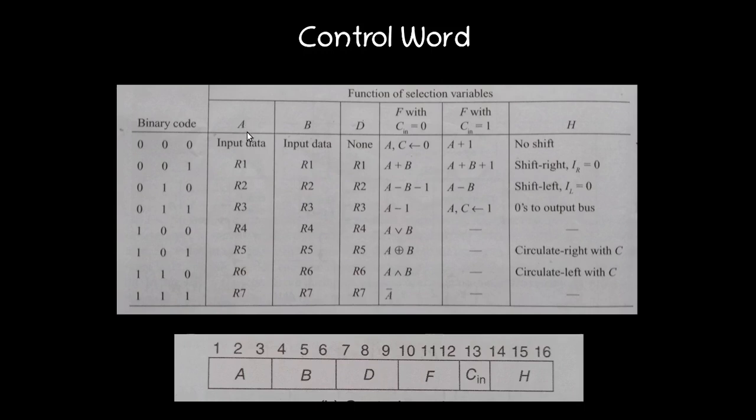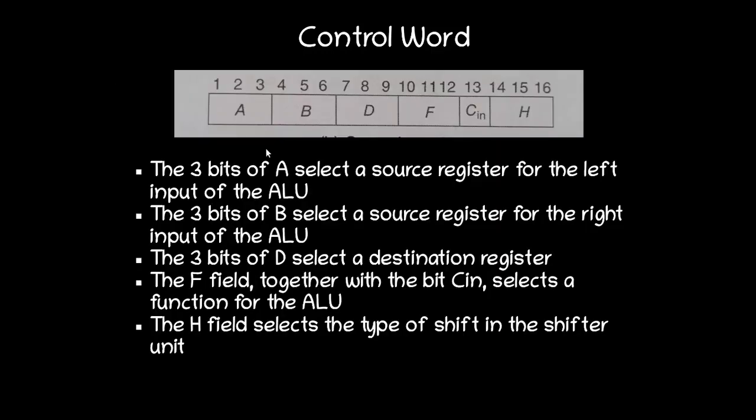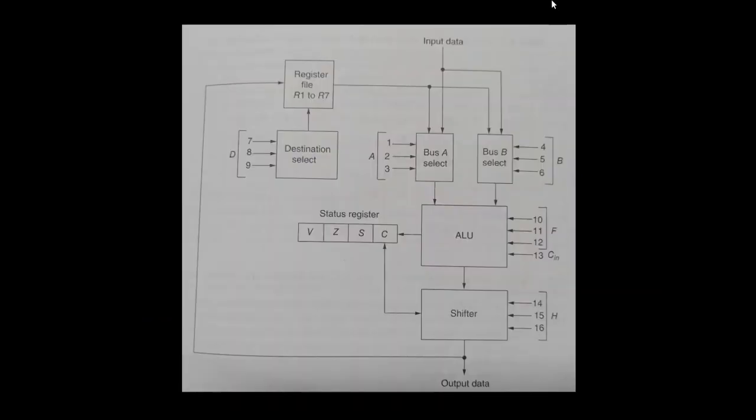First we can consider the case of the A select line. If it is 0 0 0, then input data will be selected, as we already explained. If it is 0 0 1, then register 1 will be selected; 0 1 0, register 2 will be selected, like that. Similarly for B also.